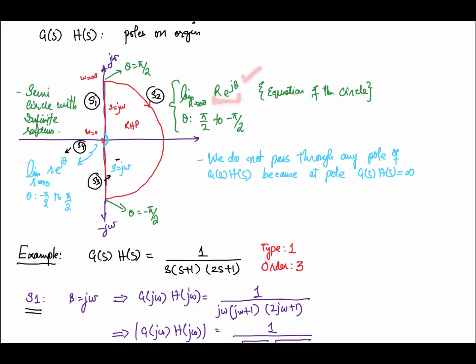In this the theta is varied from plus pi by 2 to minus pi by 2. This is the range of theta for this semicircle. After covering this semicircle and reaching this point, the omega will be varied from minus infinity to 0.